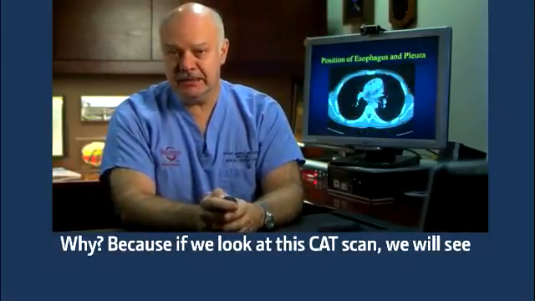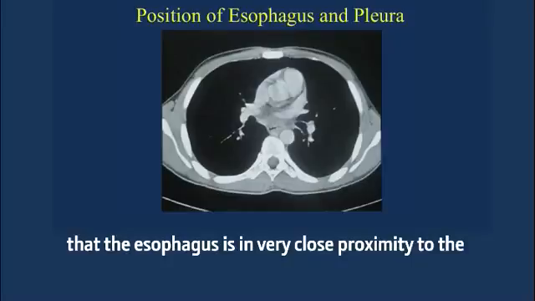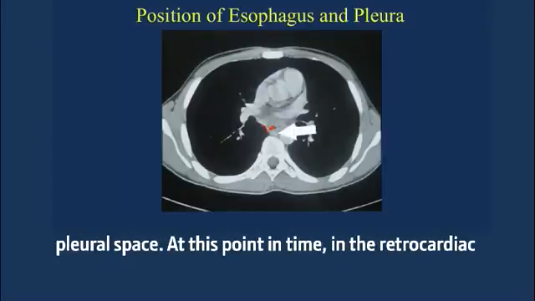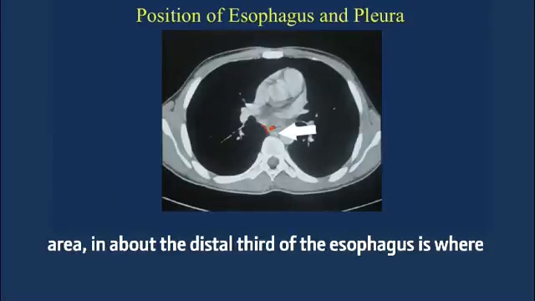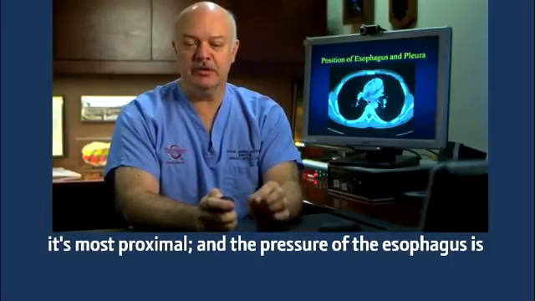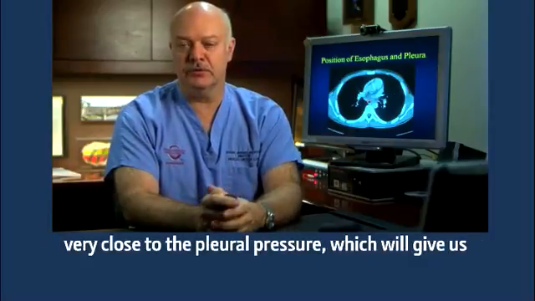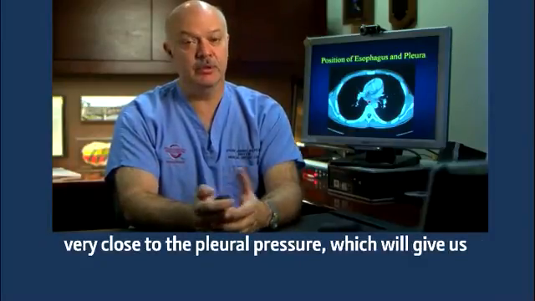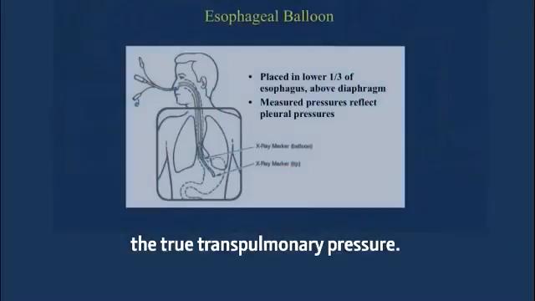Because if we look at this CAT scan, we will see that the esophagus is in very close proximity to the pleural space. In the retrocardiac area, in about the distal third of the esophagus, is where it's most proximal, and the pressure of the esophagus is very close to the pleural pressure, which will give us the true transpulmonary pressure.